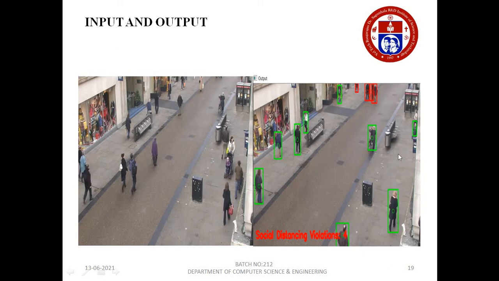That means they are not close to another person. So we consider they are maintaining social distance. We can see here 3 to 4 people or 5 people, they are not maintaining social distance. That means the people are close together. So we are giving that a red mark. Here 1, 2, 3 and here 4. So we are giving the output as 4. Social distancing violations are 4. That is the count of how many people are not maintaining social distance.